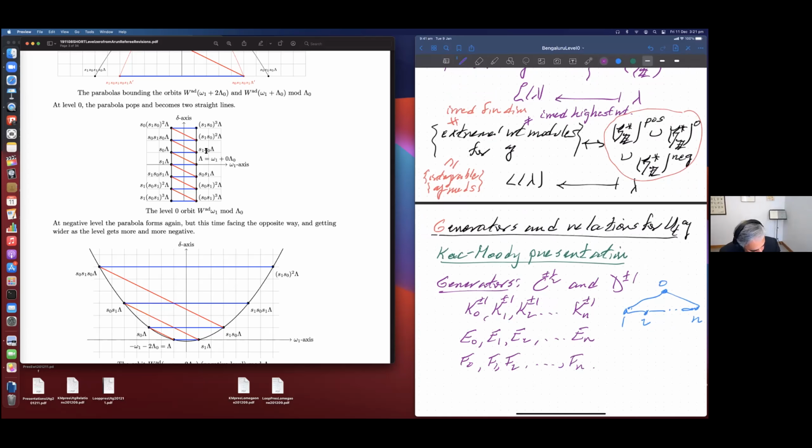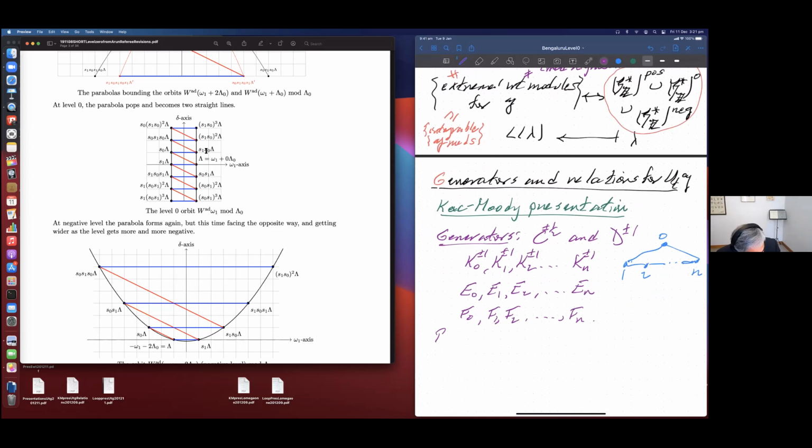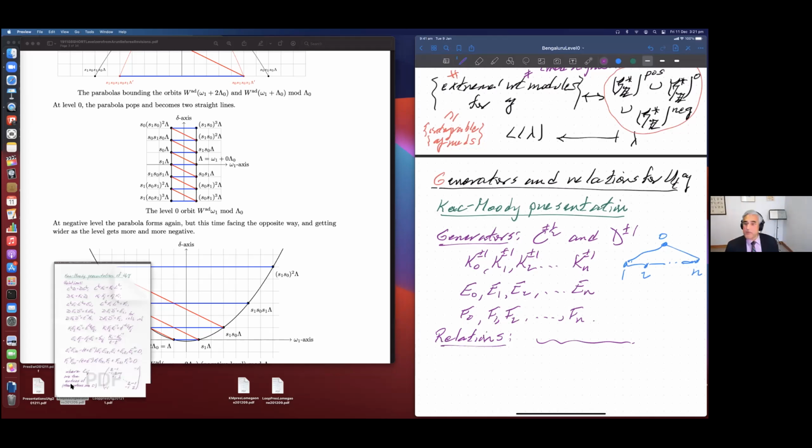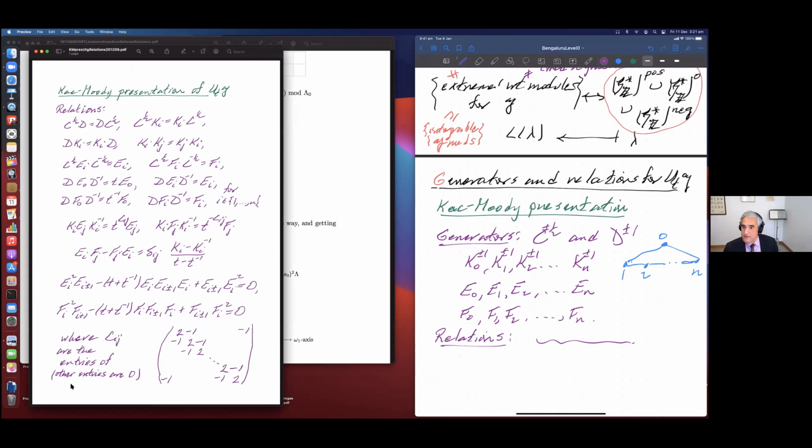And these satisfy relations, which usually we don't write, but I copied them here just in case you want to look at them. But I suggest you don't look at them because they're really quite horrible. Unless you have played with Serre relations quite a bit, they're just unpleasant. There's a lot of relations to remember, and you slowly get some feel for them.